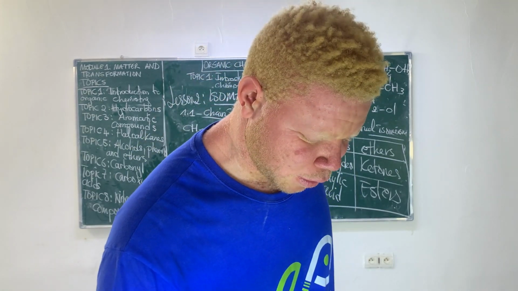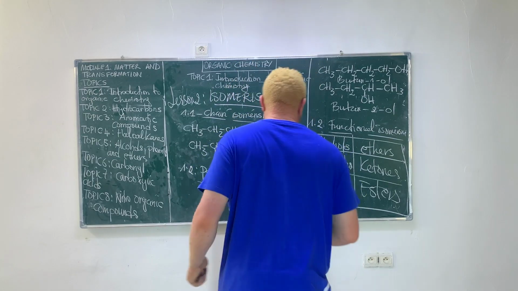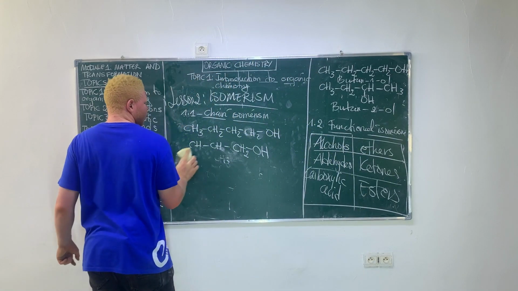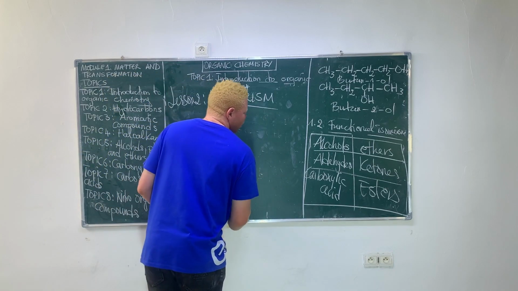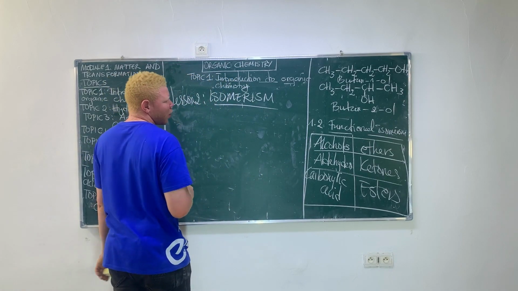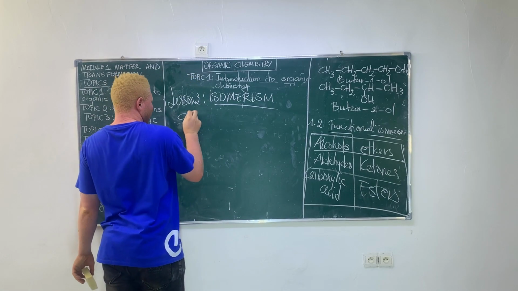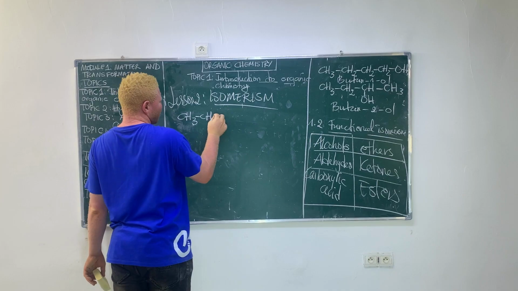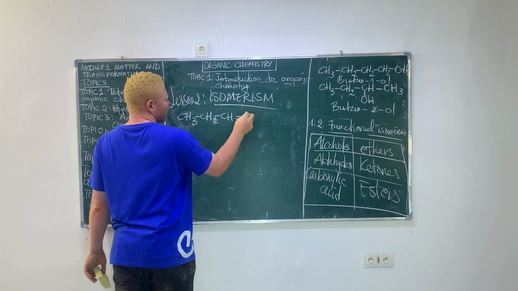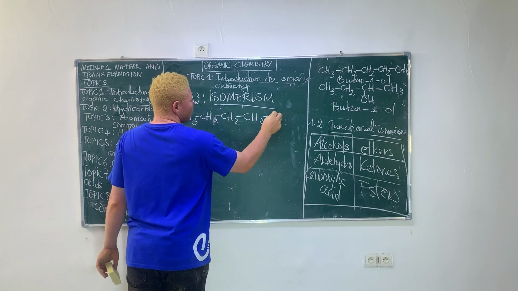So my alcohol compound has CH3, CH2, CH2, CH2, OH.